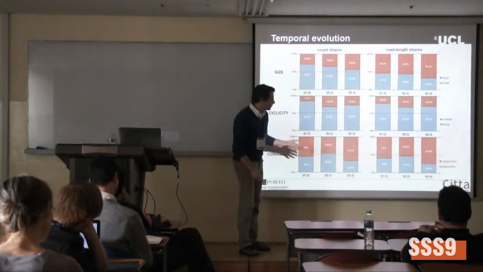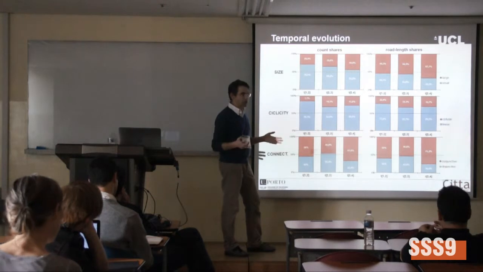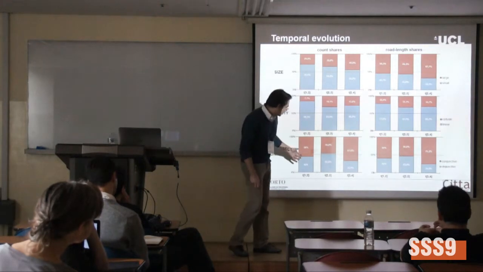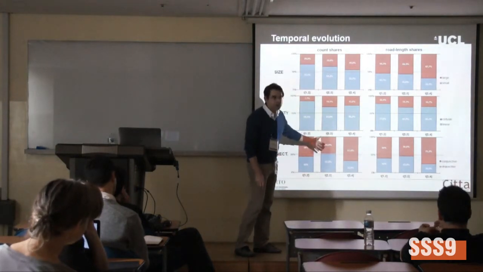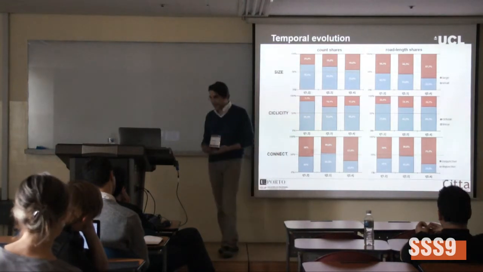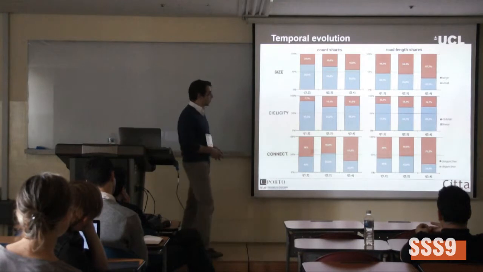So, of course, the choice of building something that is well connected to the existing grid or not is purely a design choice. This has probably to do with the prevalence of modernist forms or something like that, but this is actually a purely design choice that apparently varies greatly through time.